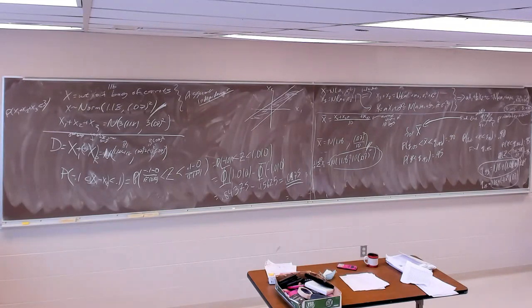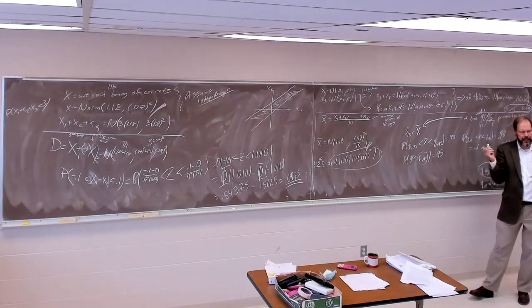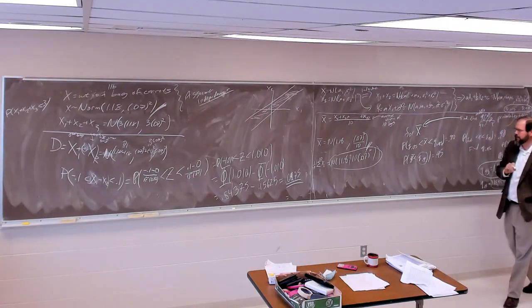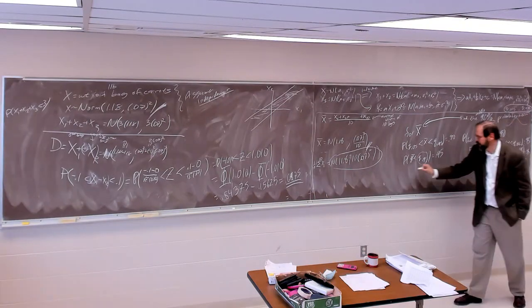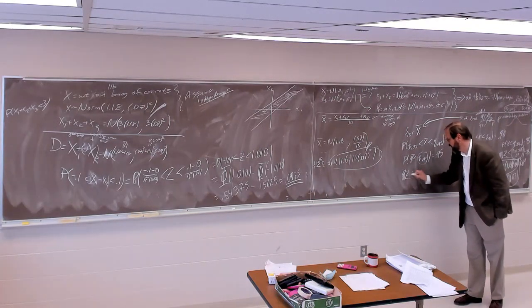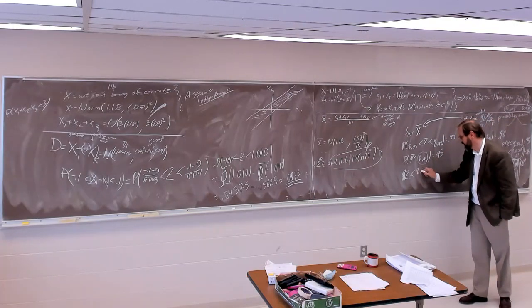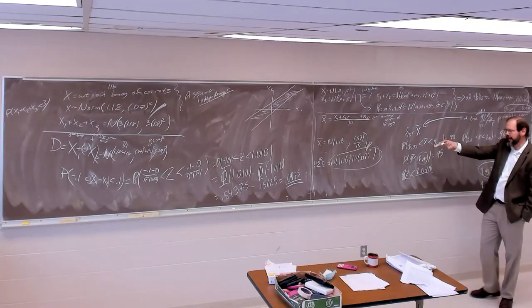Now, how am I going to figure out this number this time? Well, my x bar is what kind of random variable? Normal. So I'm going to switch it back to standard normal by subtracting off the mean and dividing by the sigma.